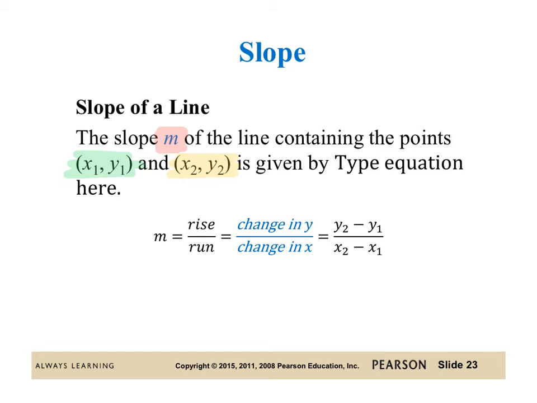And the way that we find m, we have several different phrases, several different words for it. We say that it's the rise over the run.